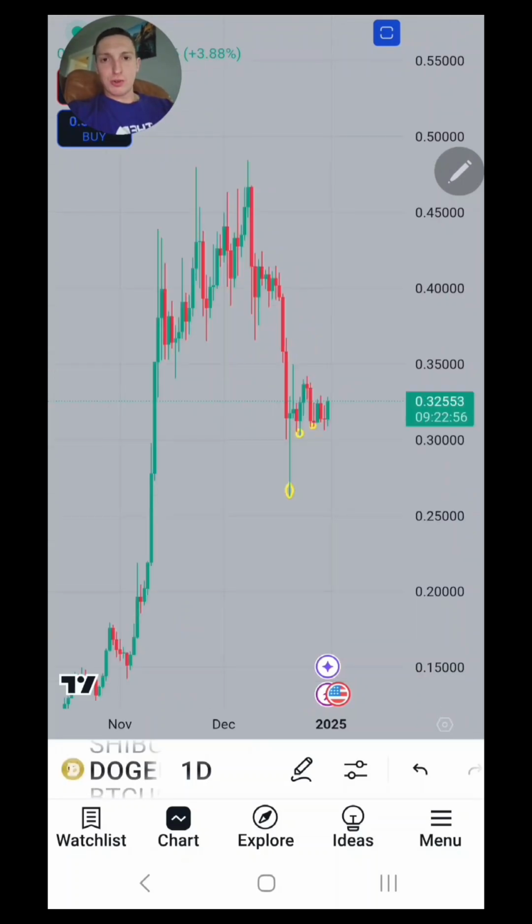Dogecoin, Dogecoin, Dogecoin to the moon. All right, you can't sleep on Dogecoin. This thing is a very powerful movement, and we've come a long way, but we also have a long way to go. I was reading articles last night with projections and analysis done by a very prominent crypto analyst, Ali Martinez.